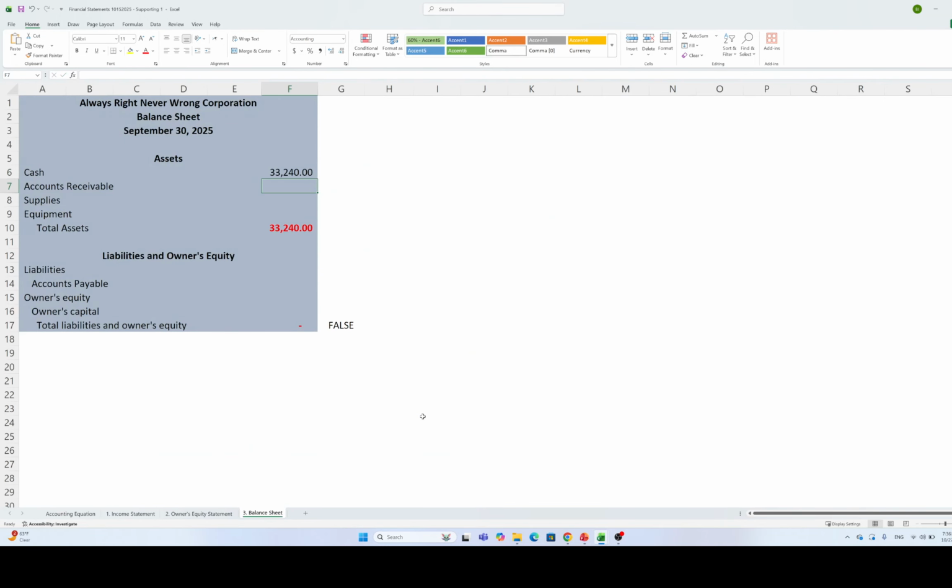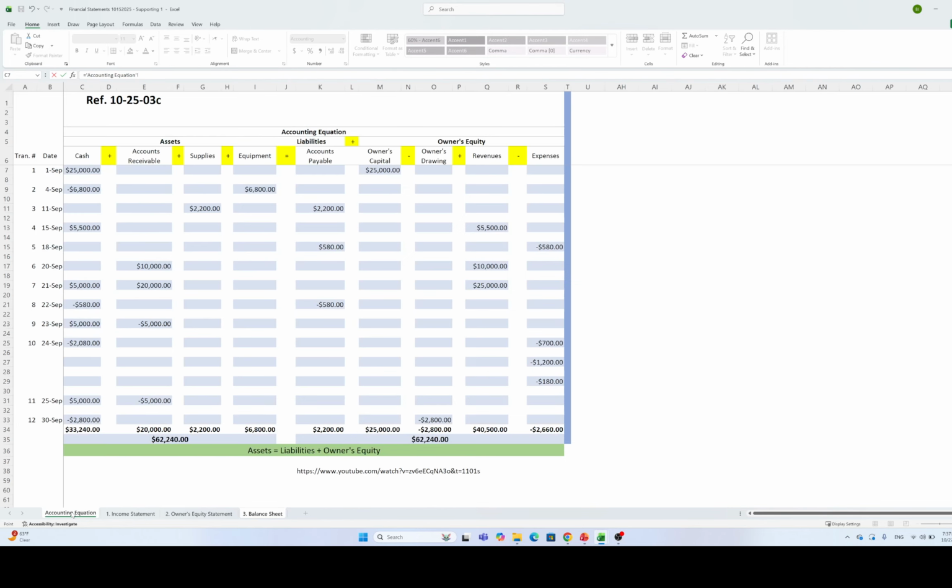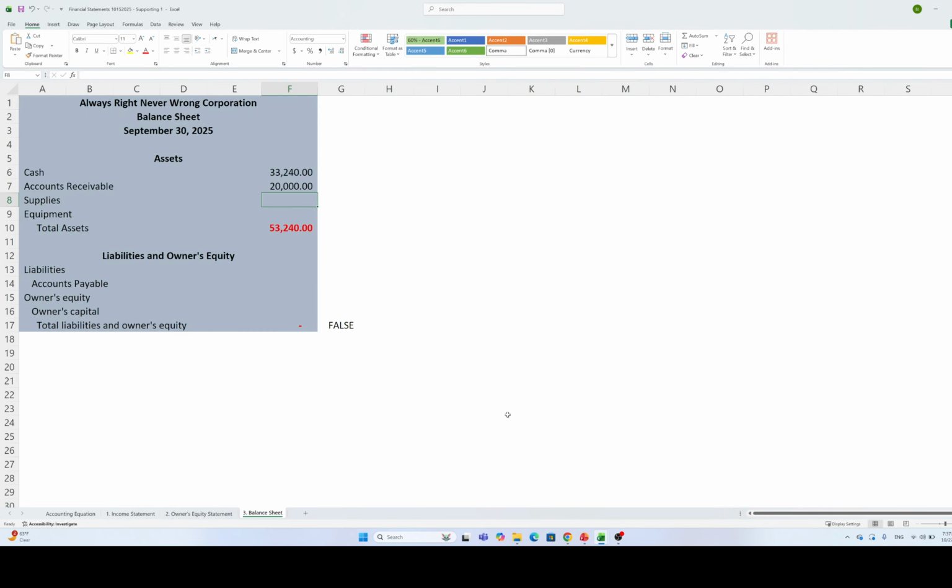So cash is 33,240, and followed to that we have accounts receivable, which is also an asset. If you remember, we had four transactions on the case, and the balance of accounts receivable is $20,000.